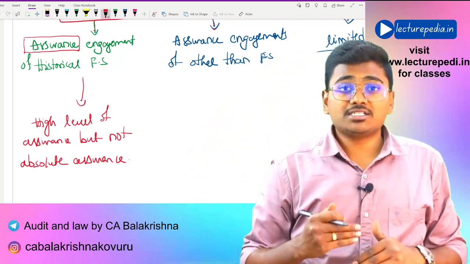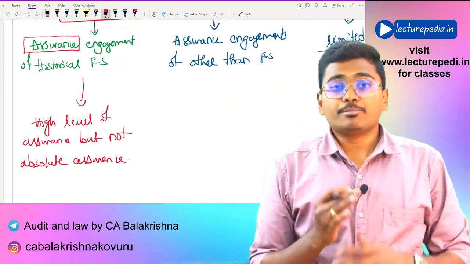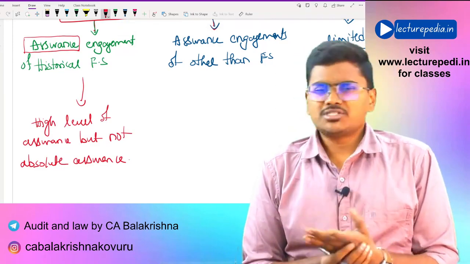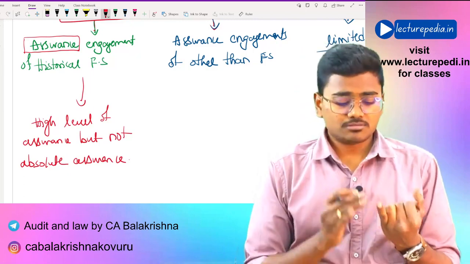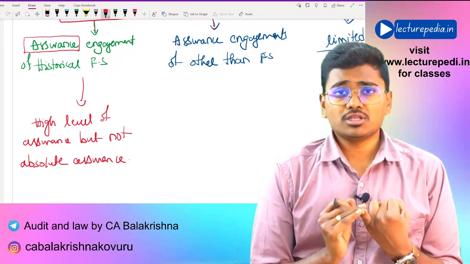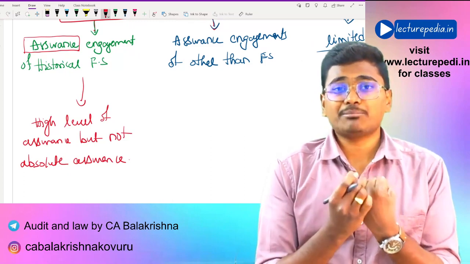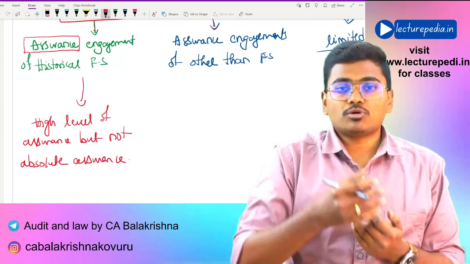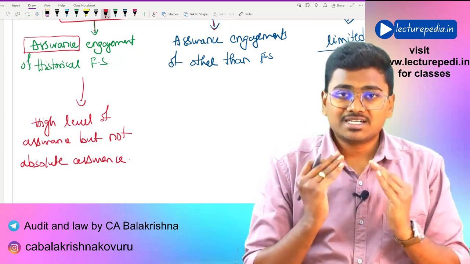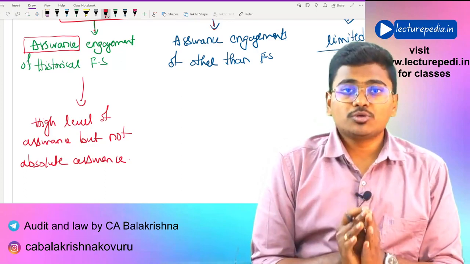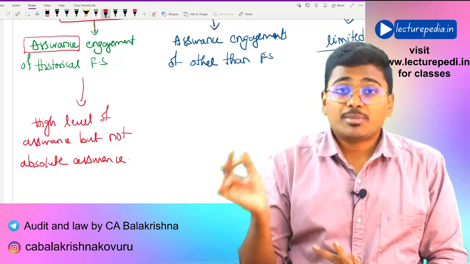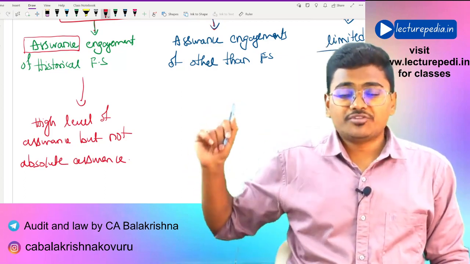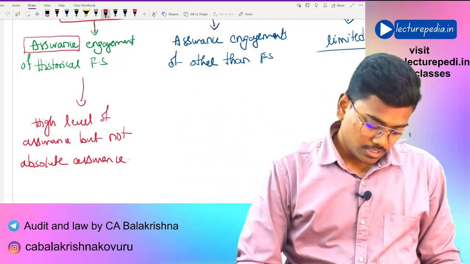Because in the audit there are inherent limitations, and because of them the auditor cannot detect all the misstatements. Inherent limitations mean the auditor will not verify all the transactions; he will verify only on a sample basis. The auditor will not obtain conclusive evidence; he will obtain only persuasive evidence. So due to these inherent limitations, the auditor will be able to give only a high level of assurance but not absolute assurance. So in the case of audit of financial statements, the auditor will give a high level of assurance.